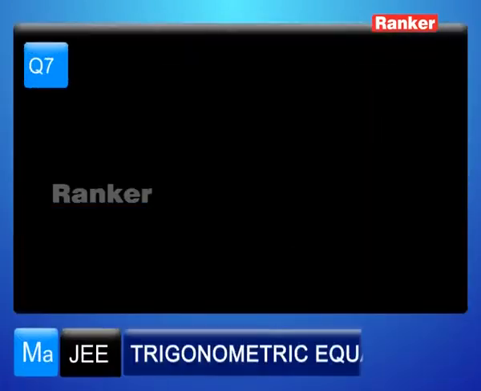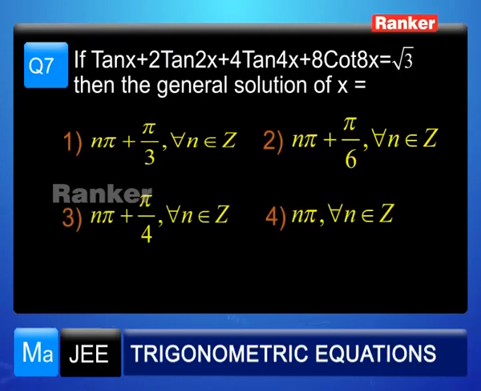Question number 7. If tan x plus 2 tan 2x plus 4 tan 4x plus 8 cot 8x is equal to root 3, then the general solution of x is: first option, n pi plus pi by 3, n any integer; second option, n pi plus pi by 6, n any integer; third option, n pi plus pi by 4, n any integer; fourth option, n pi, n any integer.